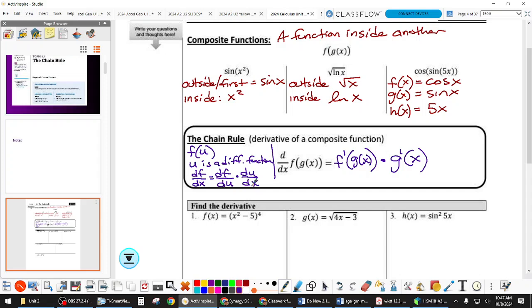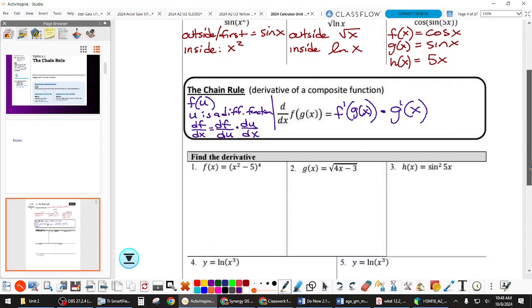And this could continue if we had like this cosine sine 5x, then we'd have to add in maybe v. So this would say df du, du dv, dv dx. And we'll see that down here as we go. Okay? So either one is fine, whichever one makes more sense to you.